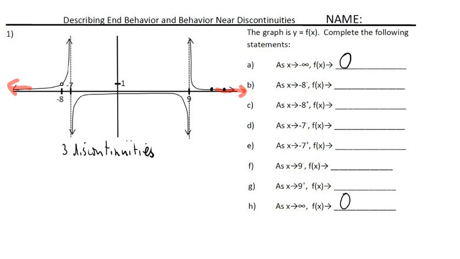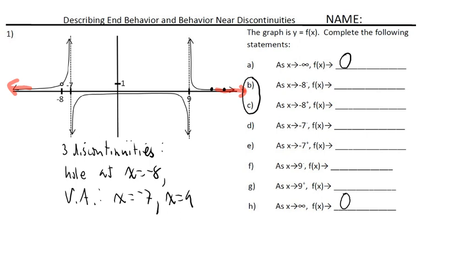The way we want to read this is: as x approaches, or gets closer, to negative 8 from the left, from the negative side. And this one here is asking me as x gets closer to negative 8 from the right side, from the positive side.